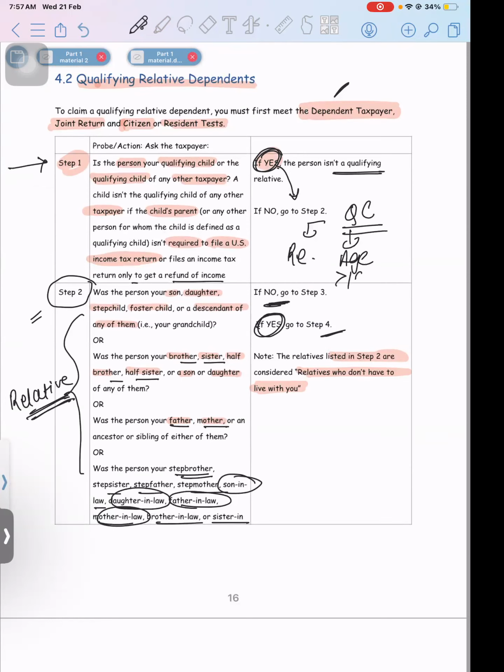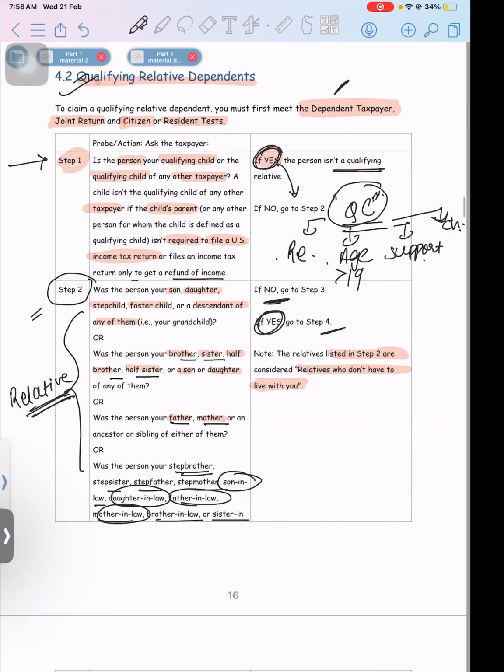If the age is more than 19, even if that person is your own child, he cannot be called a qualifying child, but he will fall under the definition of qualifying relative. Or if you're not providing the proper support test, or if the person is not your own child, they will fall under the qualifying relative test. Only when the age, residency, support, own child and relationship tests are not fulfilled are you looking at the qualifying relative steps. Got it, guys?